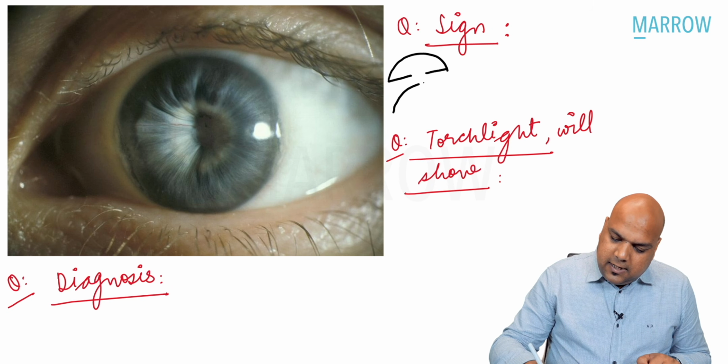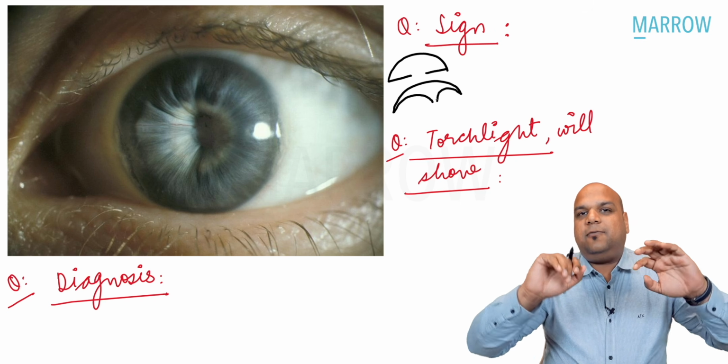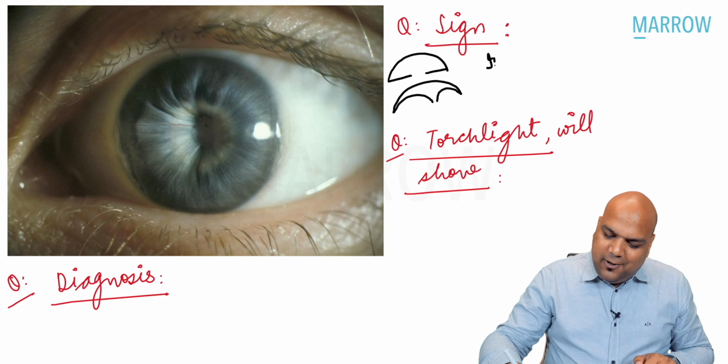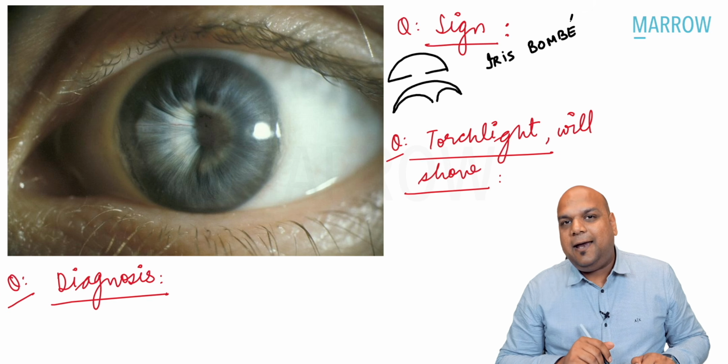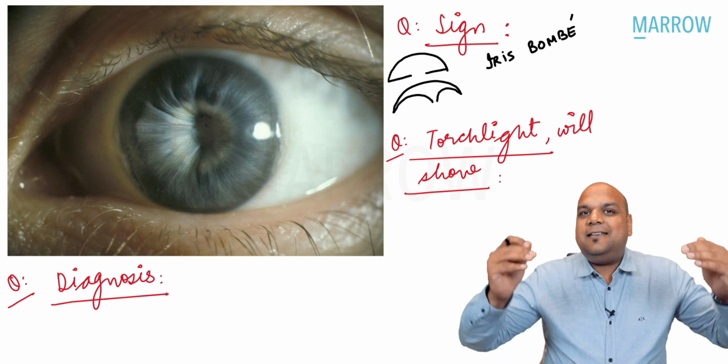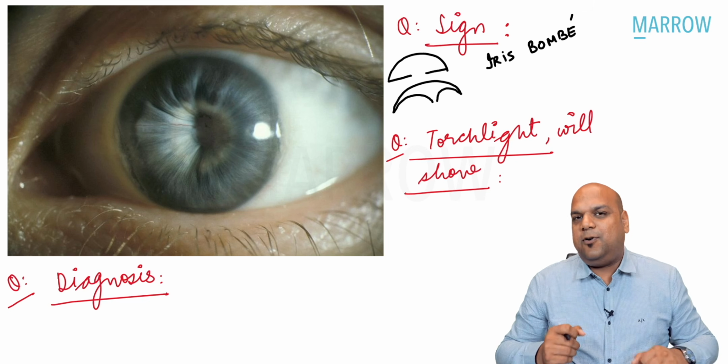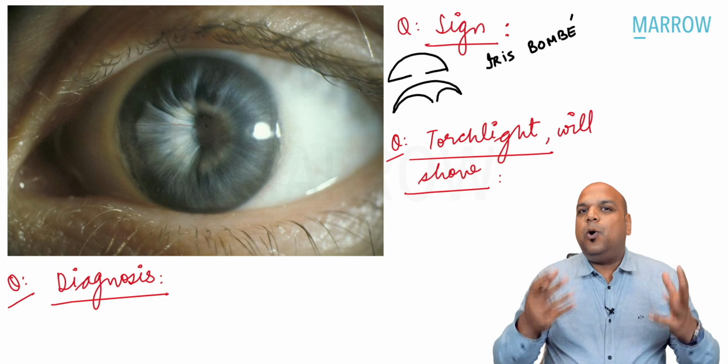But in this case, if I draw a diagram, it looks as if the iris is bent forward. Yes or no? Now, I think the answer will be very easy. This is called iris bombé. Yes or no?